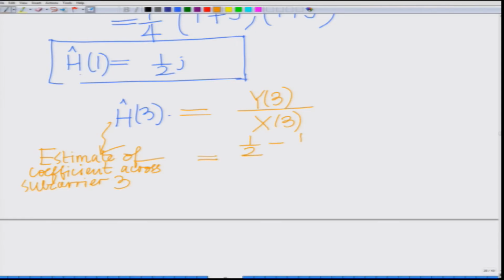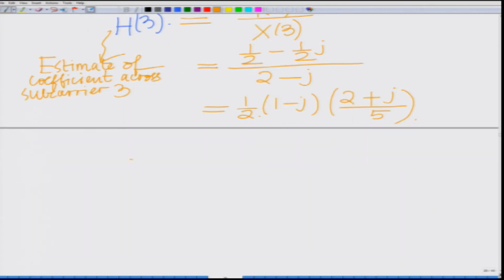Y3 equals half minus half j divided by capital X3, that is 2 minus j, which is half into 1 minus j into 2 plus j divided by 5, and you can also verify this.